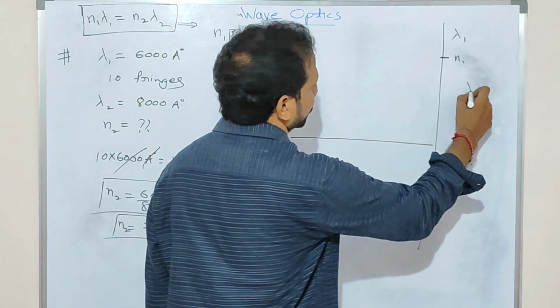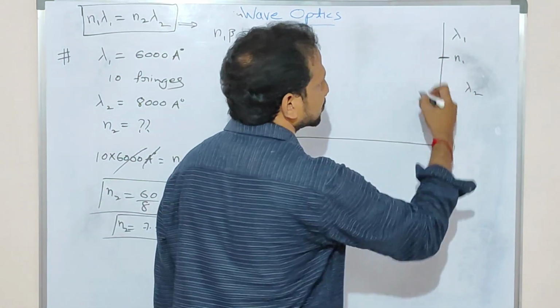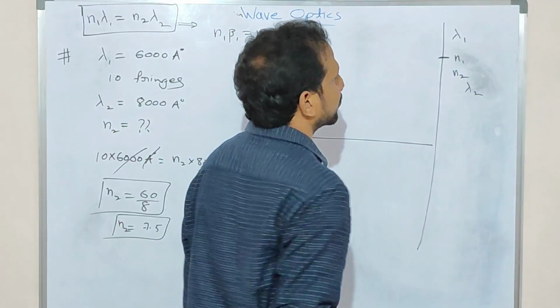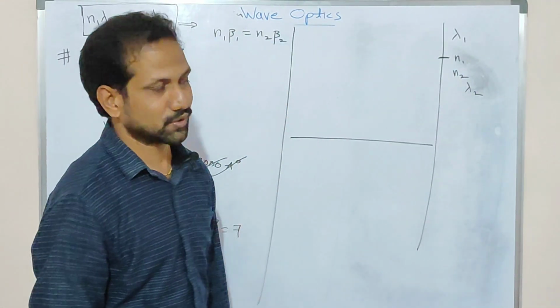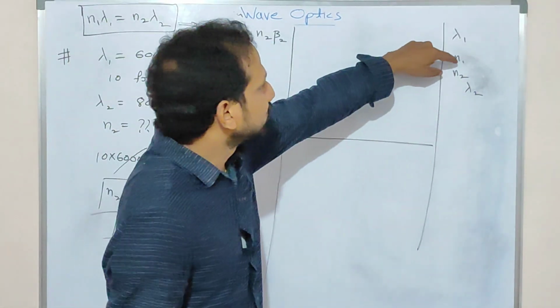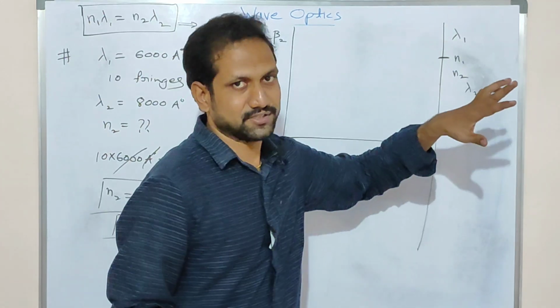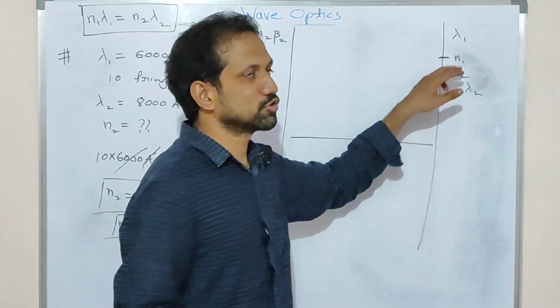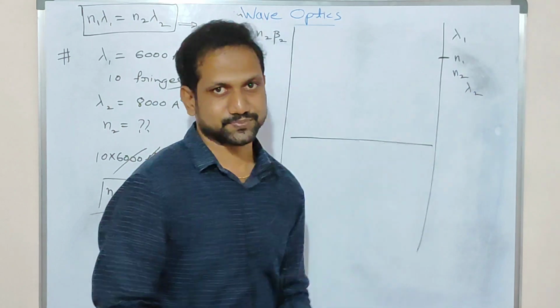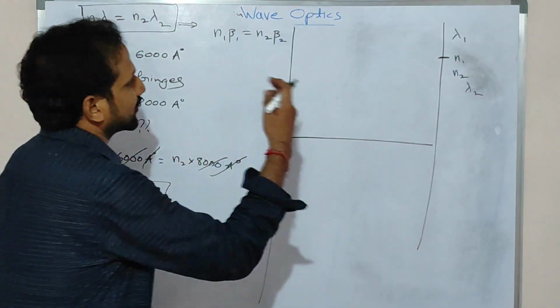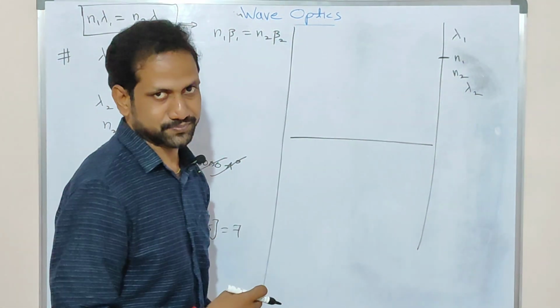With the lambda 2 wavelength, at the same point there will be the n2 bright fringe formed. That means the n1 bright fringe of the lambda 1 wavelength is coinciding with the n2th bright fringe of the lambda 2 wavelength. Did you understand? So in that situation, how to solve that?